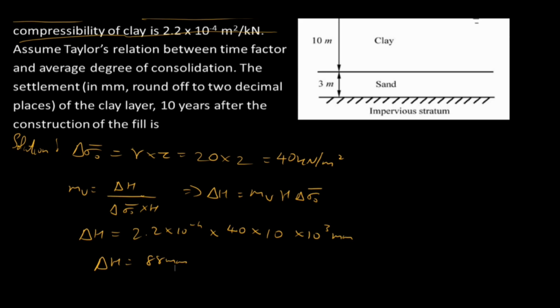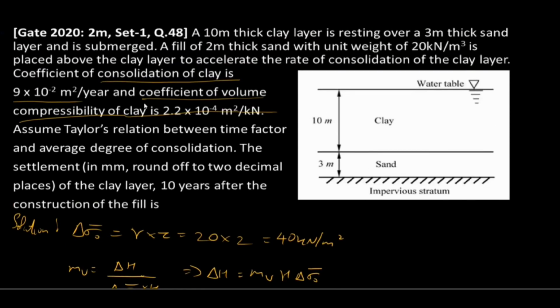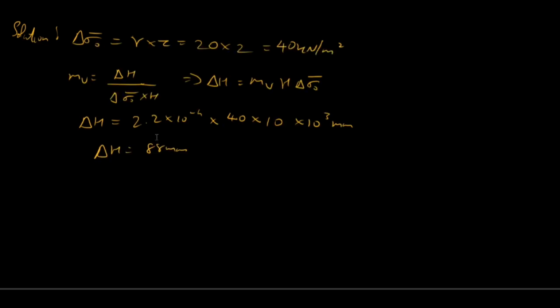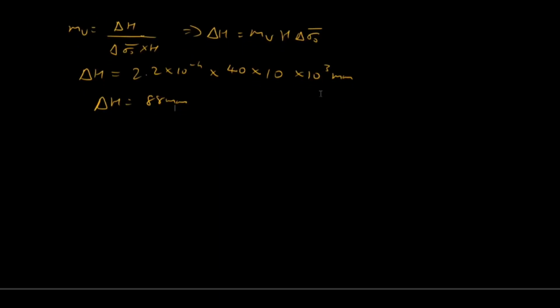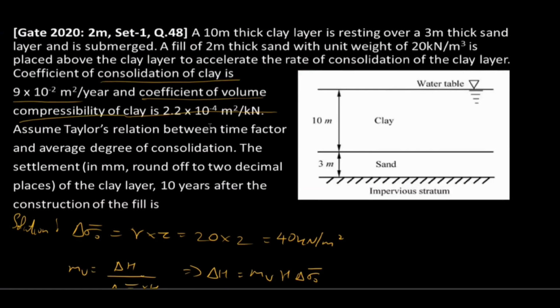And they have asked us to find out the settlement using Taylor's equation. Taylor's equation is given by Tv is equal to Cv t by d square, or H square, anything. So we need to find out the consolidation at the middle of the clay layer. This one they will not mention in the question.